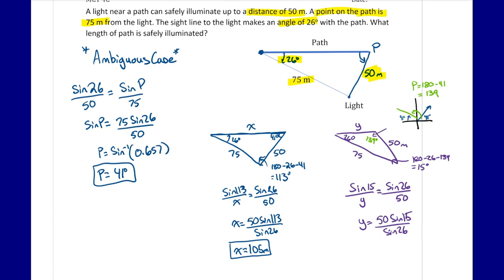We've just changed from 113 to 15 based on what this angle is, or the ambiguous case. And then we get y is equal to, if we do 50 sine 15 divided by sine 26, roughly 30 meters. So why did I need to find two distances?